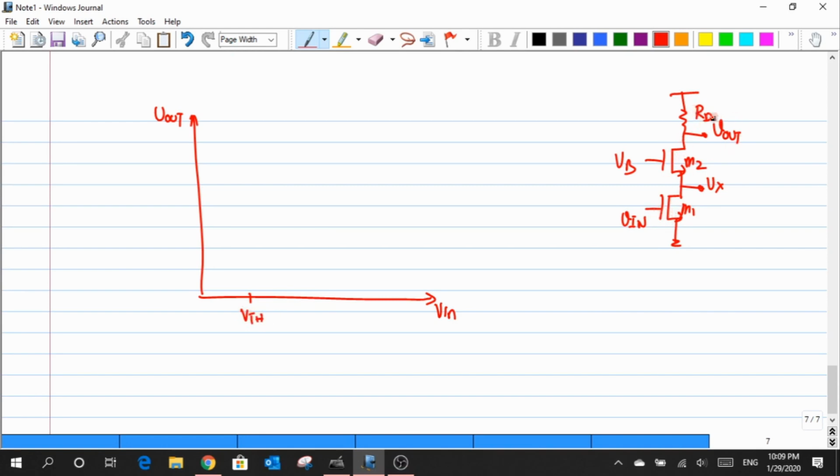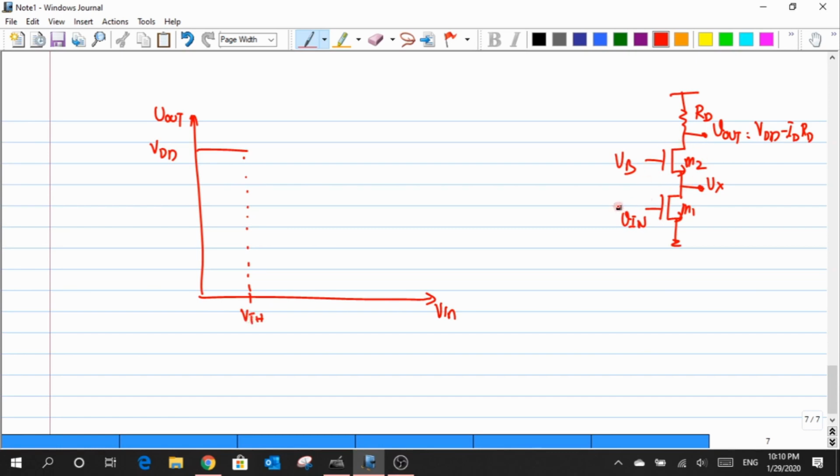Under this condition, what would be the value of Vout? Vout is generally defined as VDD minus ID times RD. When VGS is less than VTH, ID becomes equal to 0, due to which Vout will be equal to VDD till I reach the value of Vin equal to VTH.